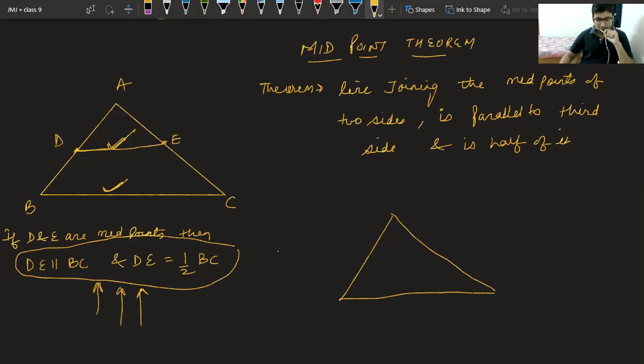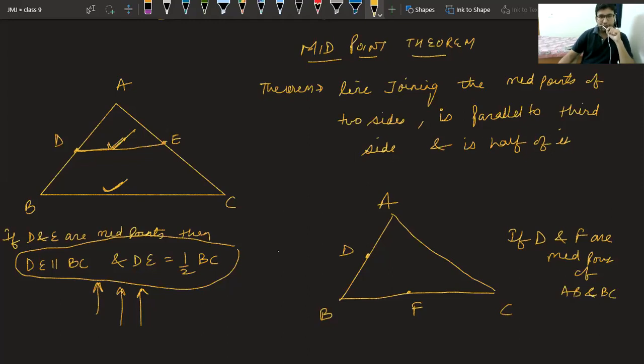Okay. Sir, please explain again, Mr. Chawla. Okay, see, you have a triangle ABC. Suppose D and F are midpoints of AB and BC.